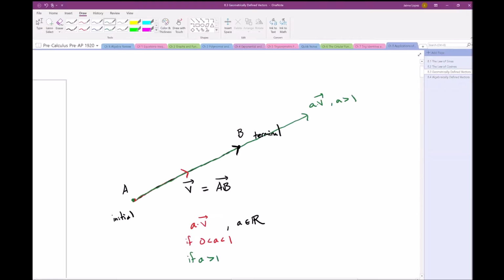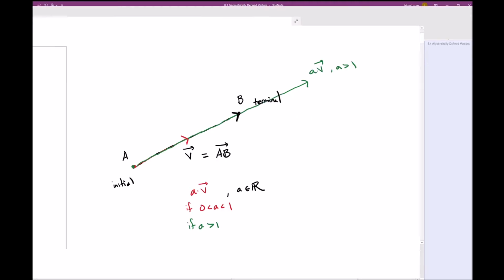Now if I multiplied this vector by 0, then we would have just a single point. That vector just boils down to a point. What if I multiplied by a negative? So what if A was negative?